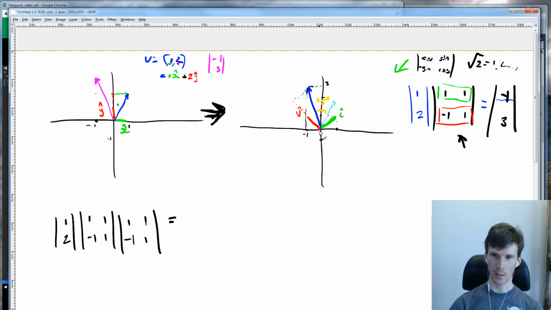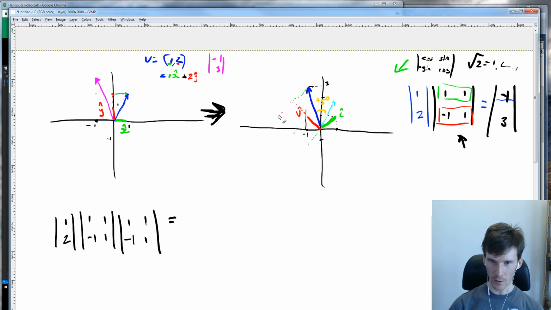So we want to take neg 1 of this green one, so negative i hat, and 3 of the j hat. So 1, 2, 3. Is that right? No, I've drawn that really badly. It's like there.